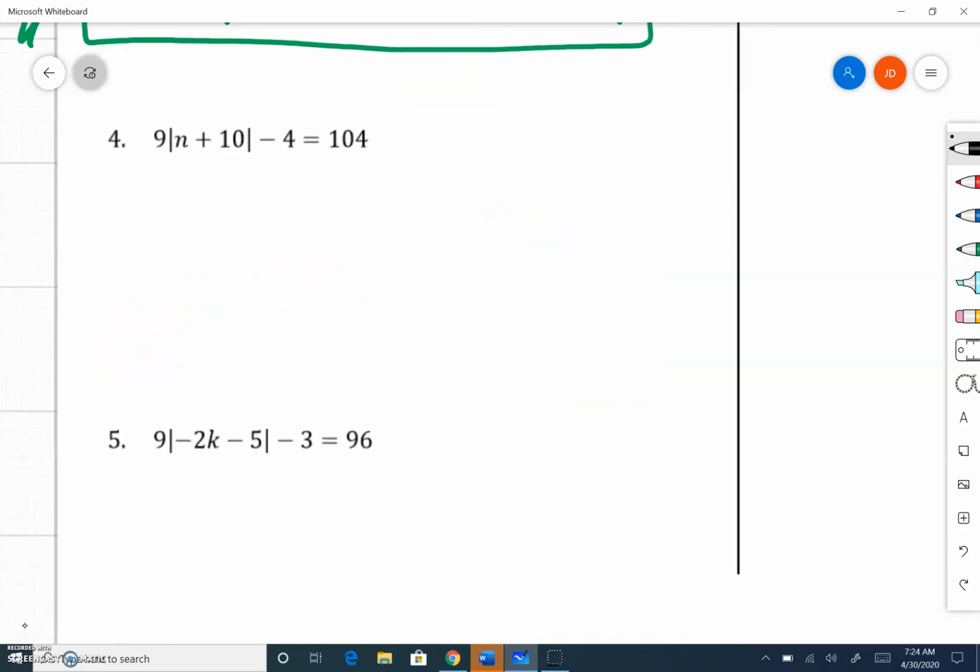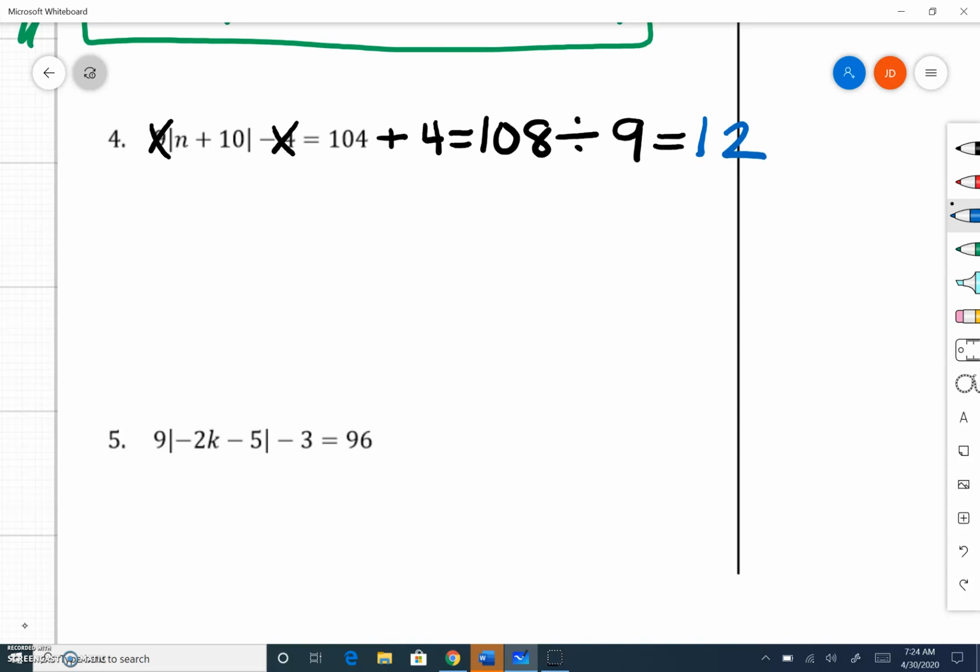Another one. Number after is a minus, so that tells me I'm going to plus. Number in front, I'm going to divide. That gives me 12.